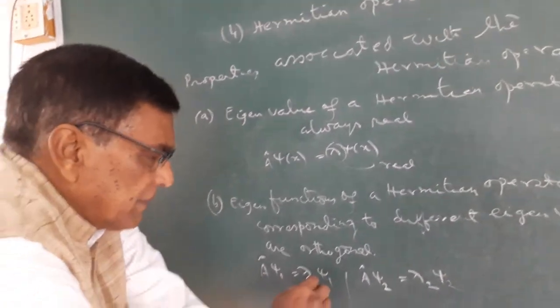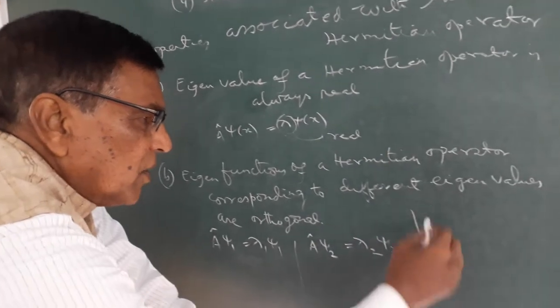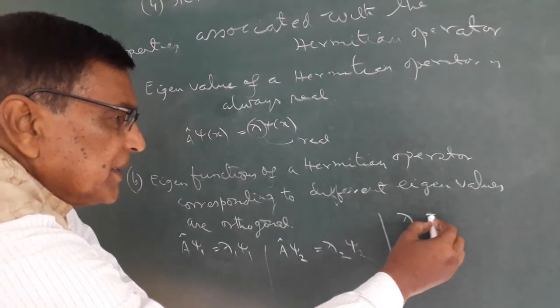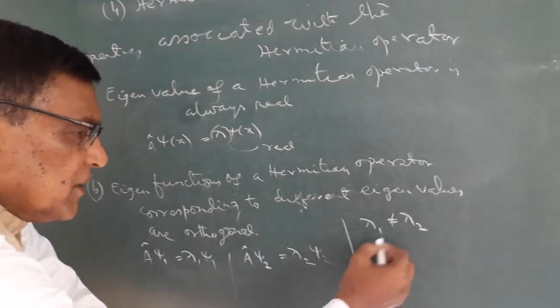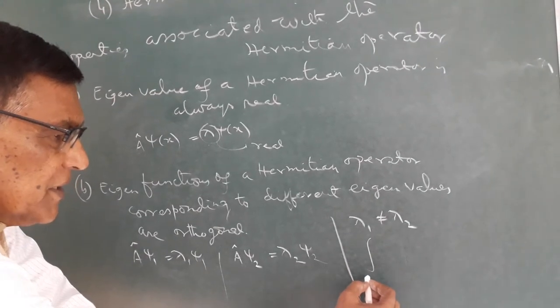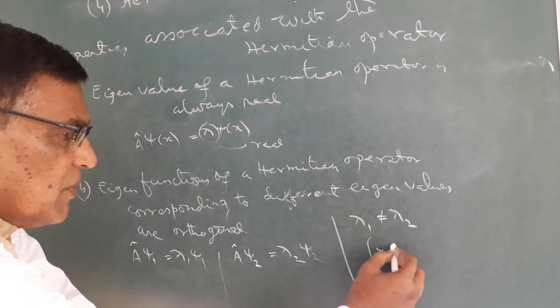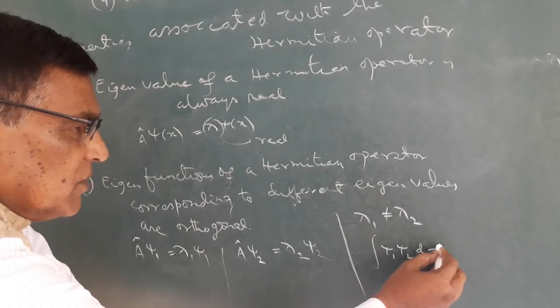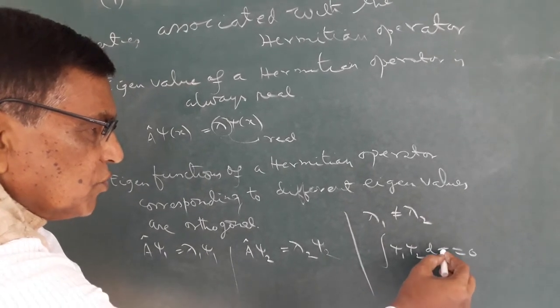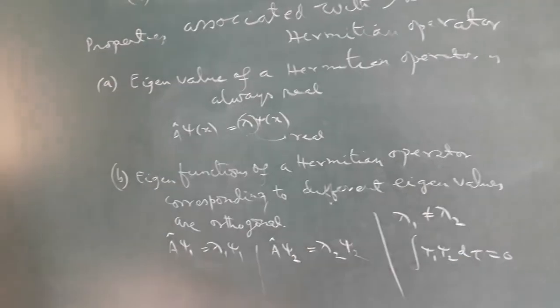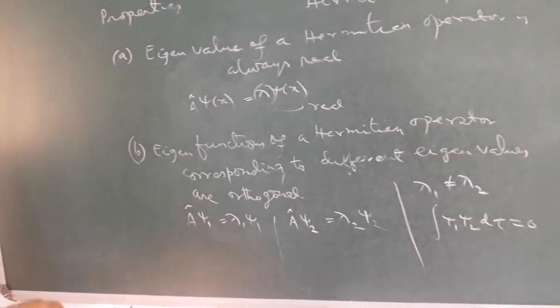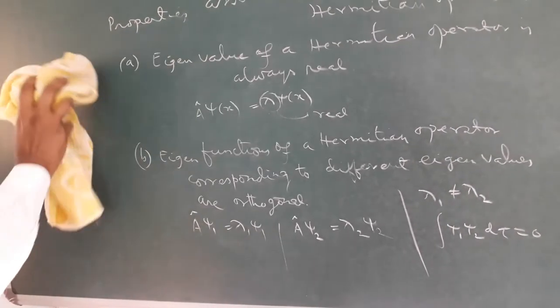If lambda 1 is not equal to lambda 2, then the integral over all space of psi 1 psi 2 d tau must be equal to 0, meaning psi 1 and psi 2 are always orthogonal.